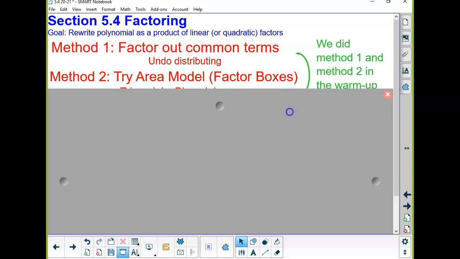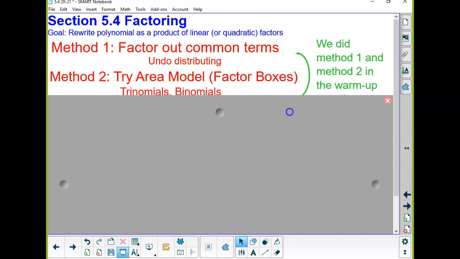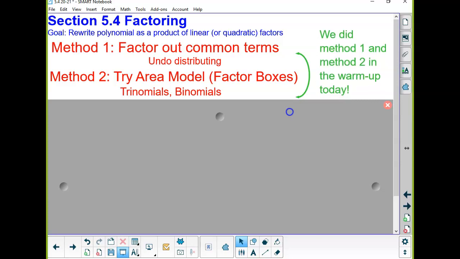Method 2 is to try the area model, the box with the circle in it. Right? So the thing I want you to know is we already learned these two methods. Now we might apply them in a different context, but I think you're going to feel comfortable with the first two methods.